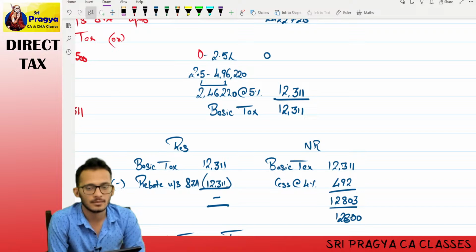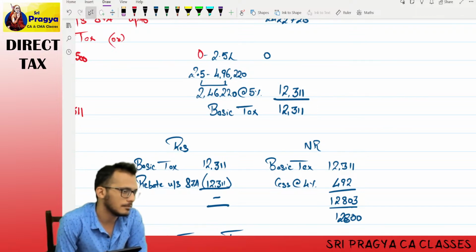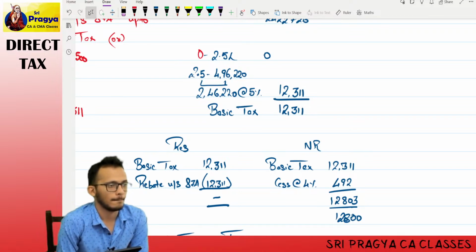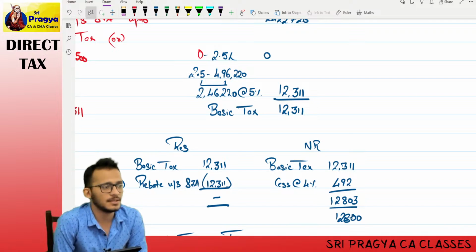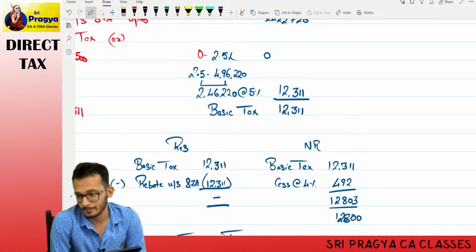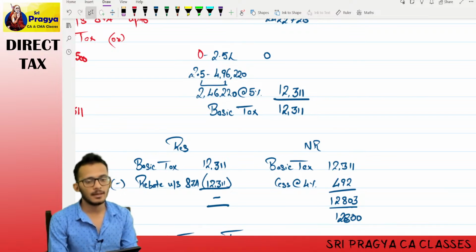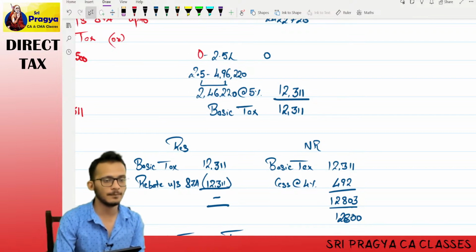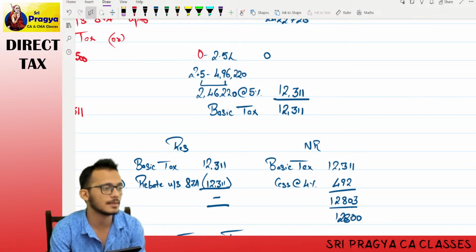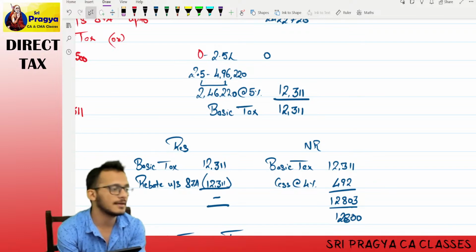No confusions? Can we do one full-fledged question from top to bottom? Illustration number 8. Compute tax for Mr. A. What all do you need? Age is 68. Non-resident.